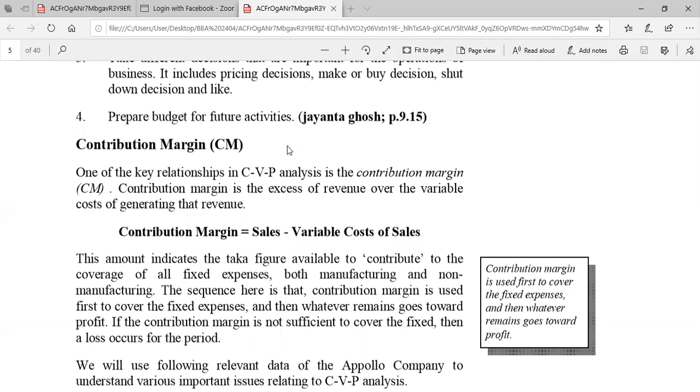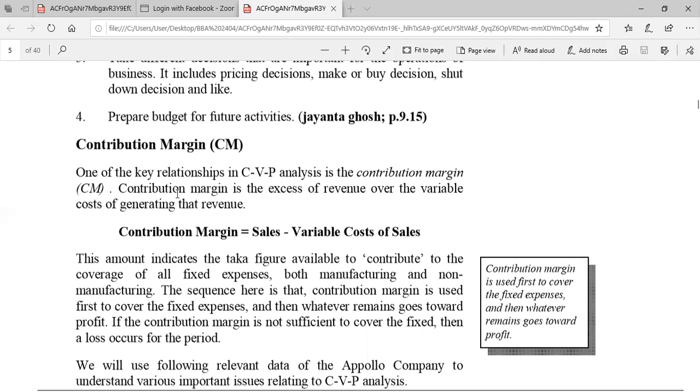Contribution margin is basically the profit over the variable cost to sales revenue. One of the key relationships in CVP analysis is the contribution margin. Contribution margin is the excess of the revenue over the variable cost of generating that revenue.